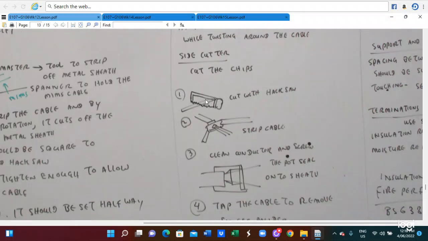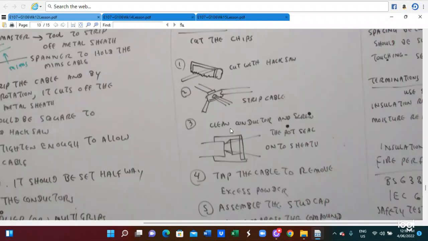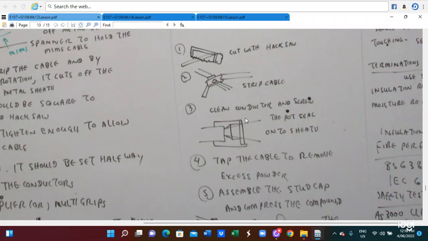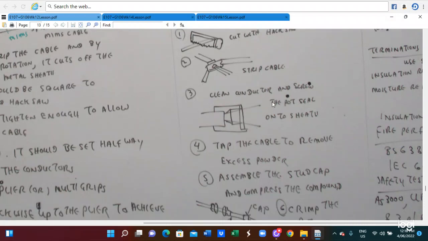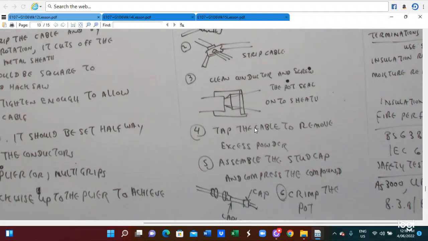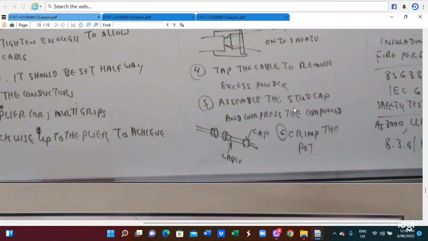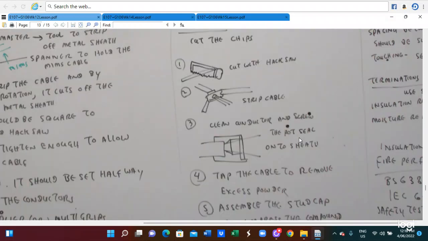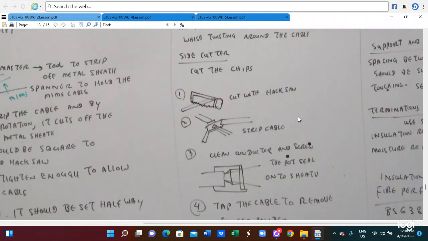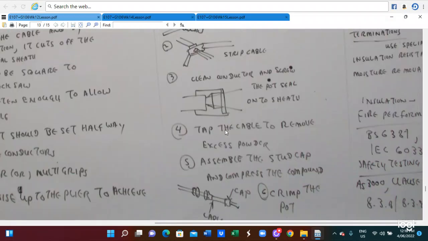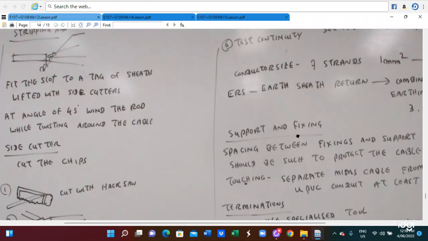We have to cut the tip, cut with the hacksaw, strip the cable, clean the conductor, screw on the sheath, and attach the cable to remove the excess powder, and assemble the pot and seal gap, and compress the compound. So this is how to use the pot and clean the ball. This is the process to do the cutting of the MIMS cable.